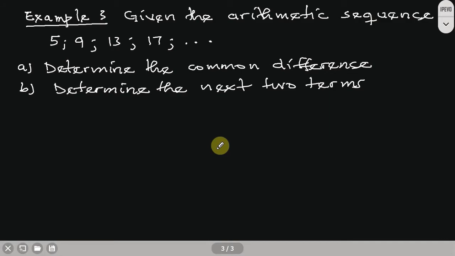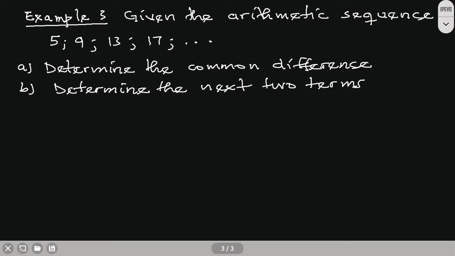Okay, we have example number 3. The question is, given the arithmetic sequence 5, 9, 13, 17, question A says determine the common difference, and B, determine the next 2 terms. Remember from the previous examples number 1 and 2, we were trying to see if the list of numbers was a pattern.